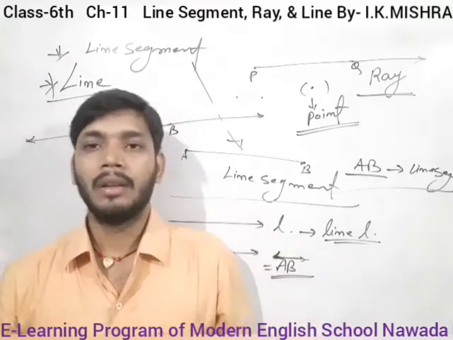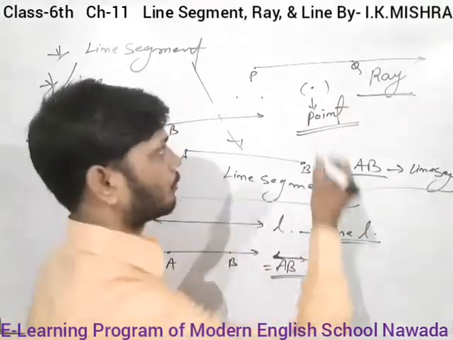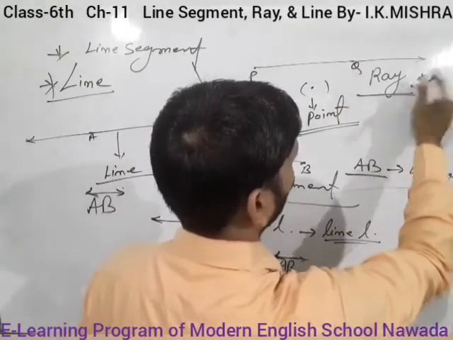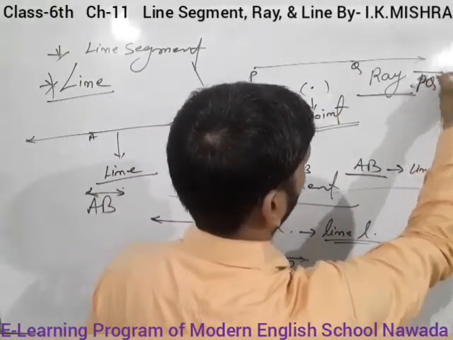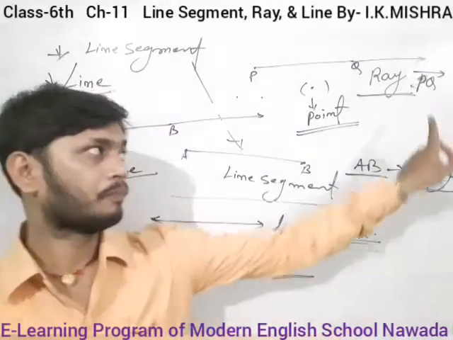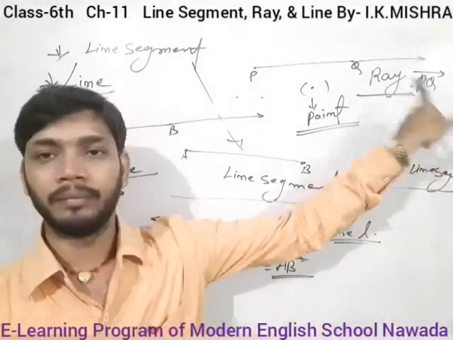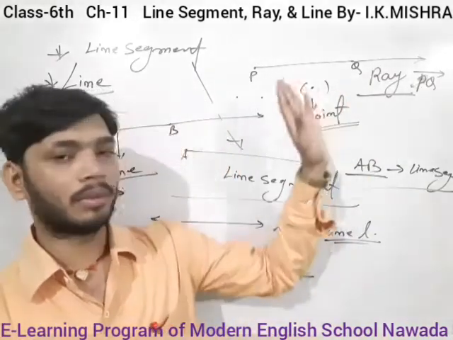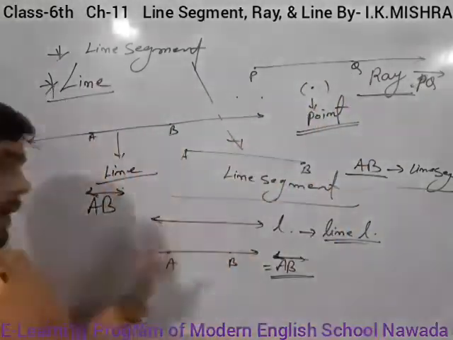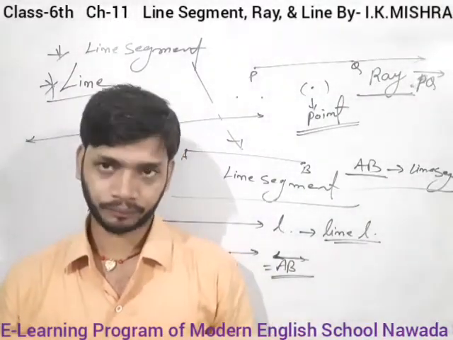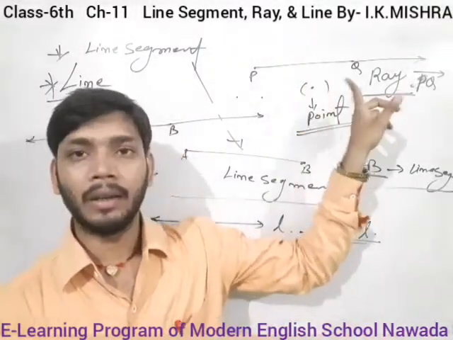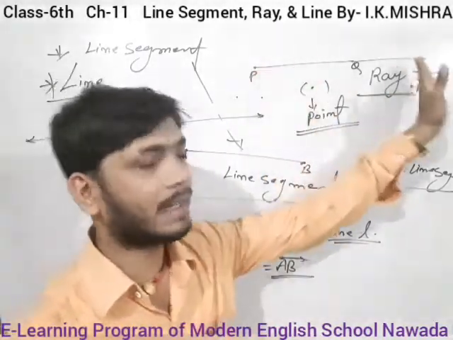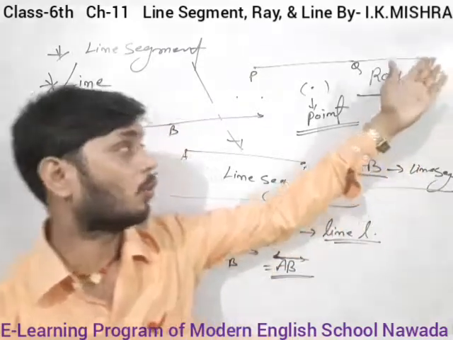Clear, students? Here a ray can be represented. Suppose there are 2 points on the ray, that means it will be written PQ with an arrow in one direction. This represents a ray. Similarly, you can represent any ray. Students, observe in a ray and in a line, 2 main points. In a ray, there is one end point, and one side is extended endlessly in one direction.